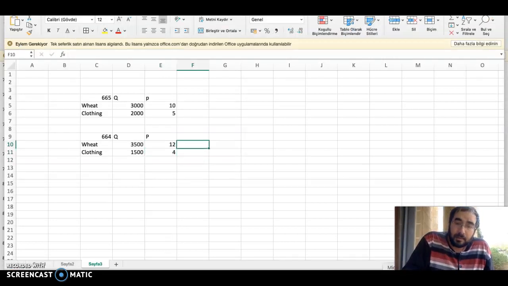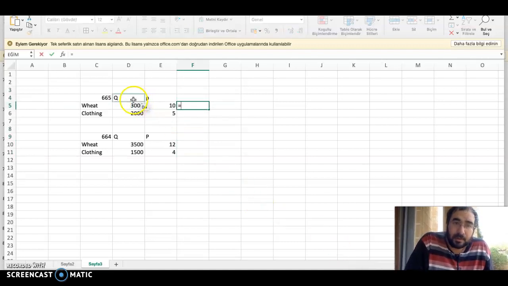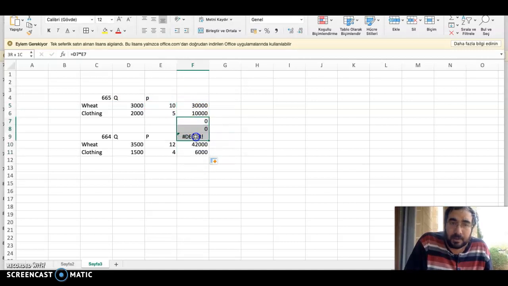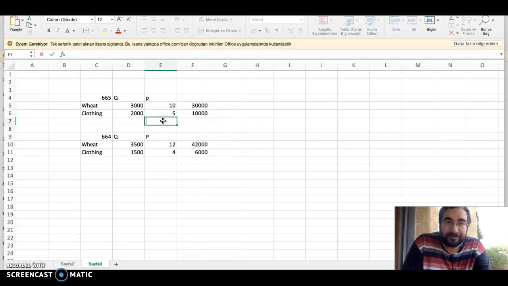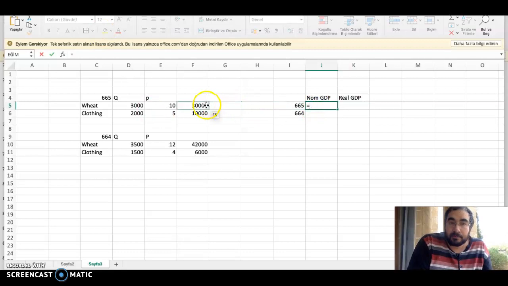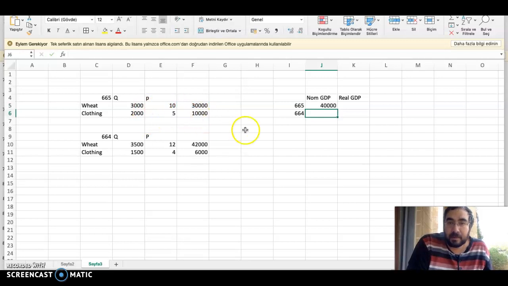So, if we use nominal prices, basically, what we will do is multiply this with this, and we find the value of each thing. Let's do this. So the GDP is in this case the sum of these numbers for 665 and the sum of these numbers for 664.